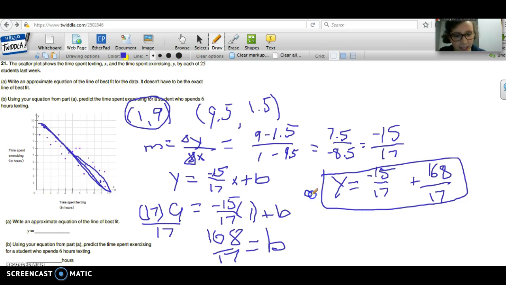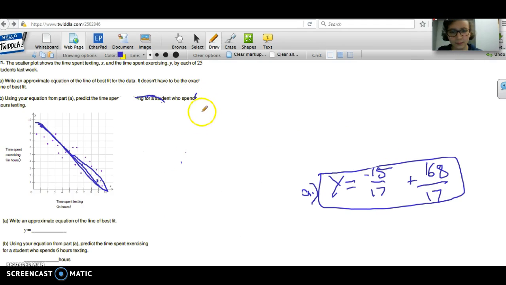This is part A. Now we want to read what part B is asking. Part B is asking, using your equation from part A, predict the time spent exercising for a student who spends 6 hours texting. I just deleted that part so that we had more room to work. So part B is really asking, if x equals 6 hours, what does y equal?